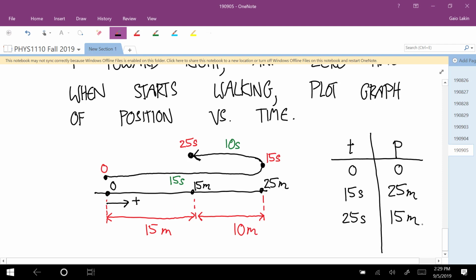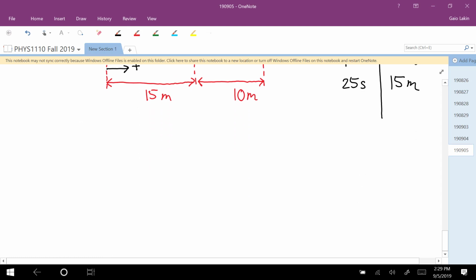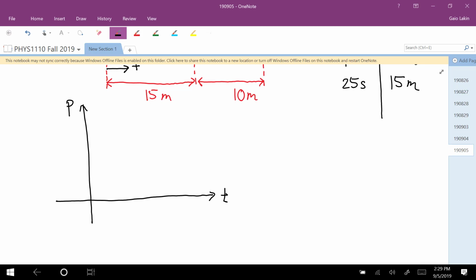And now we have these 3 points that we can plot on a graph. If you make time your horizontal axis and position your vertical axis, the important times are 0, 15 seconds, and 25 seconds.